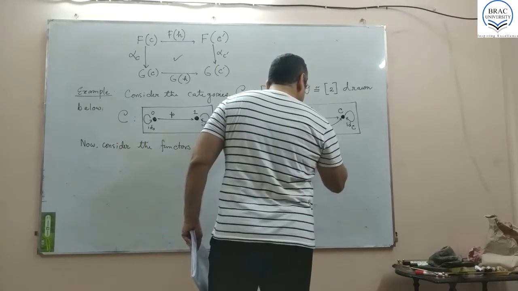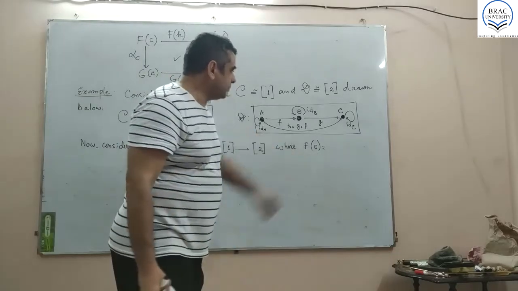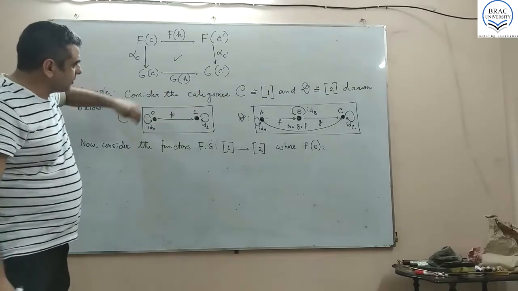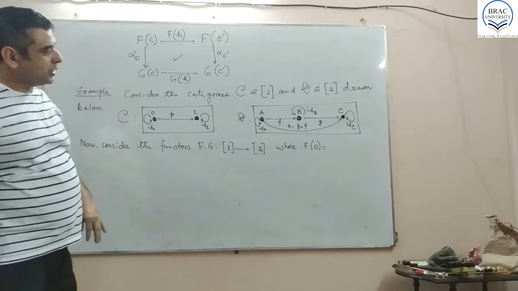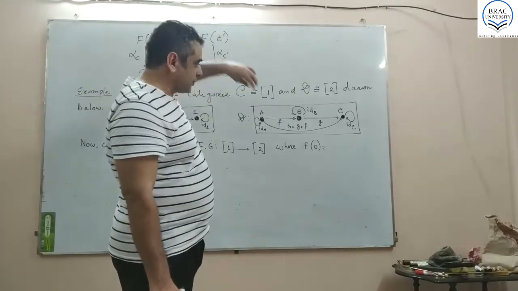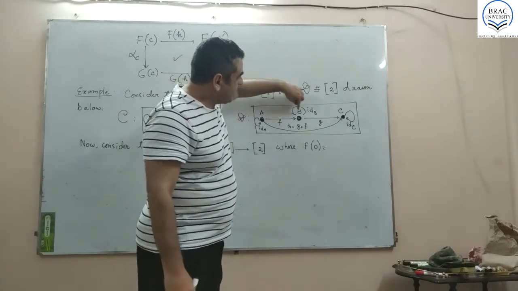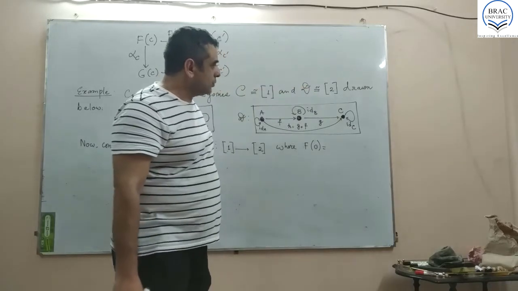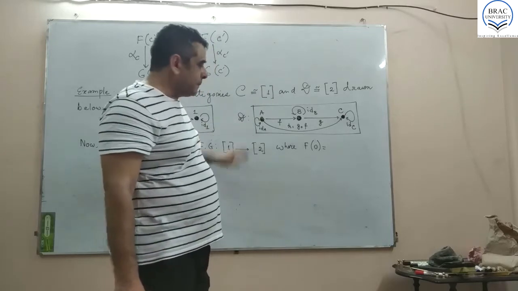These vertices are objects and arrows are morphisms between objects, for this category C. The same holds for the category D, meaning that A, B, C are objects of the category D, and the corresponding arrows are the morphisms between objects of this category D.